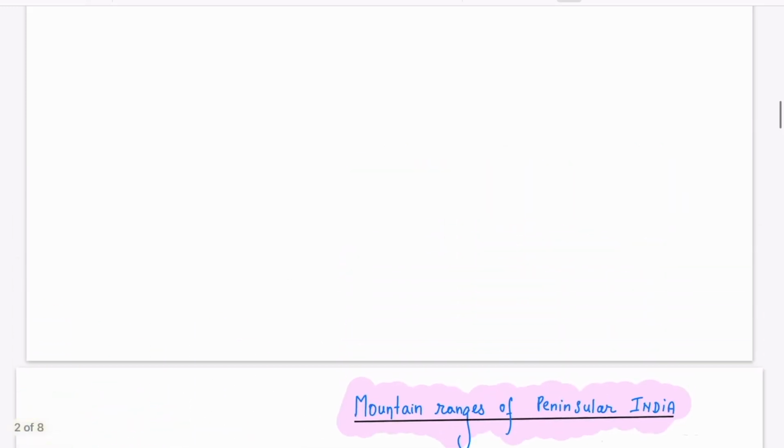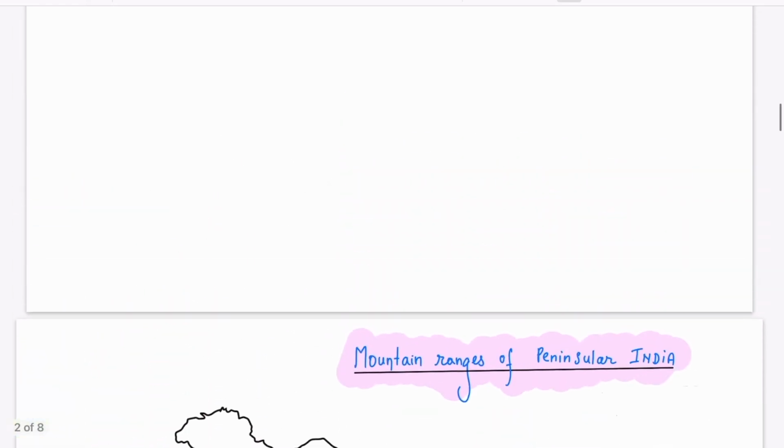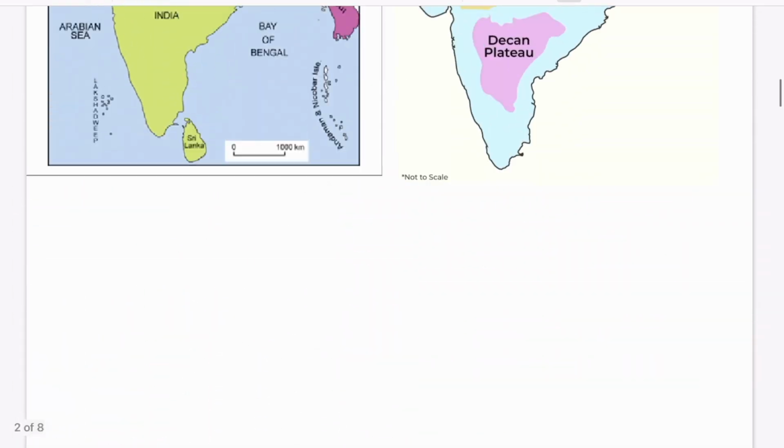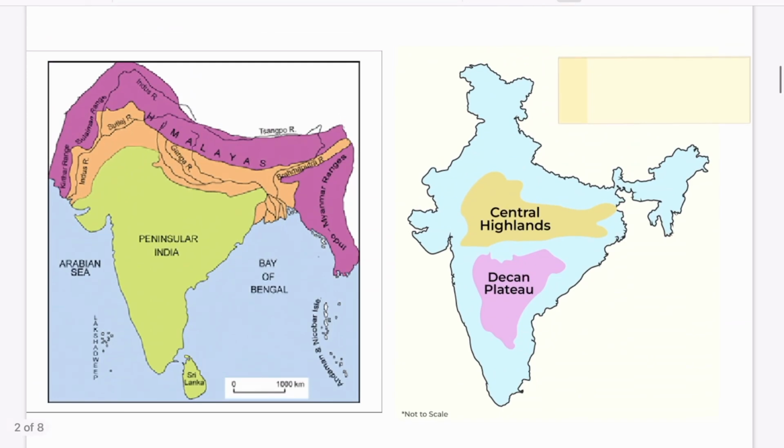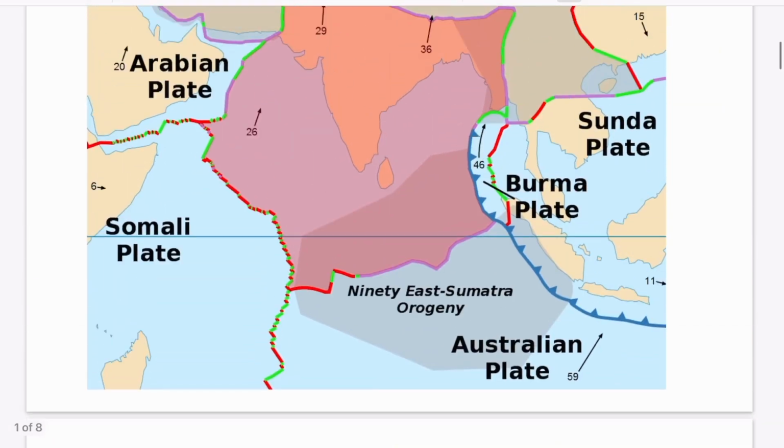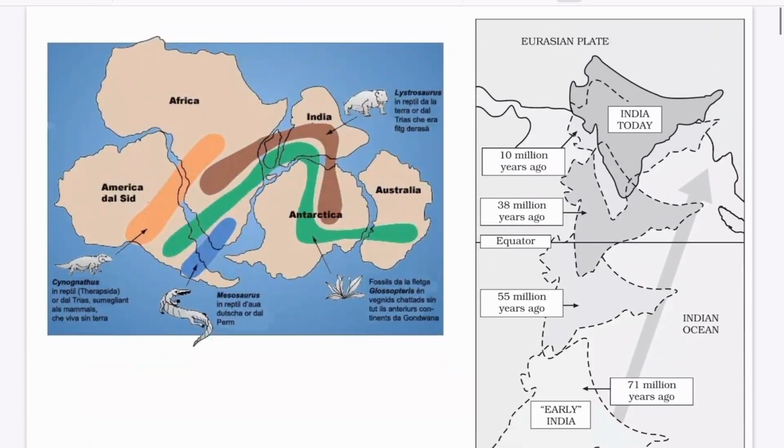Now, before starting this video, I would like to give you some basic idea, in case you don't know about the Indian peninsula or what is peninsular India. So see this particular thing, guys, that you might already be knowing that earlier India was the part of Gondwana land.